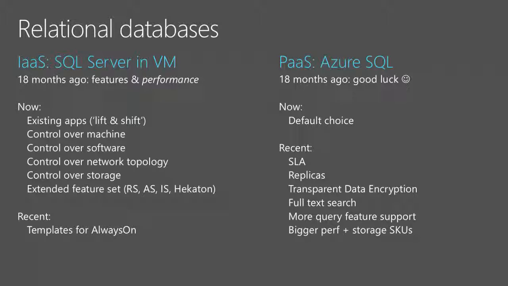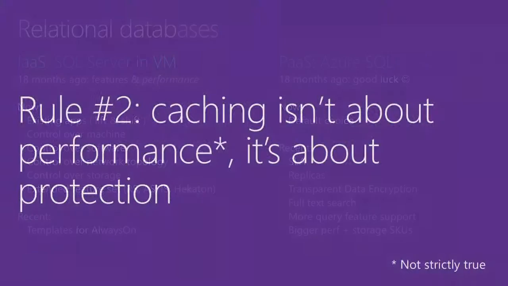If you want to customize the hardware so it has half a terabyte of RAM, or InfiniBand networking, or you want to join a domain, if you want to replicate to on-premise, if you want crazy fast network storage, you're probably still going to need to use SQL Server in a VM. So, relational storage, pretty simple. Azure SQL should be your first go-to option.